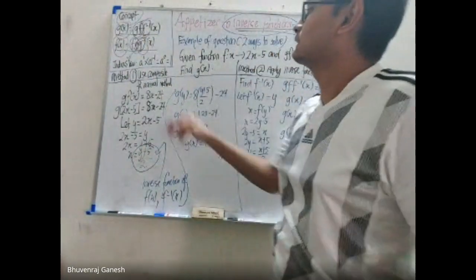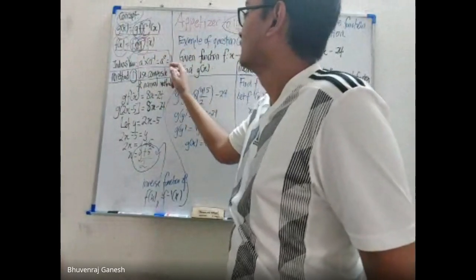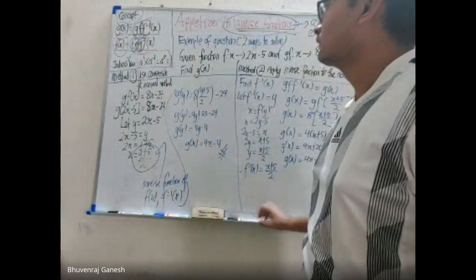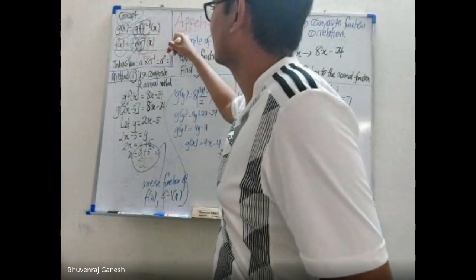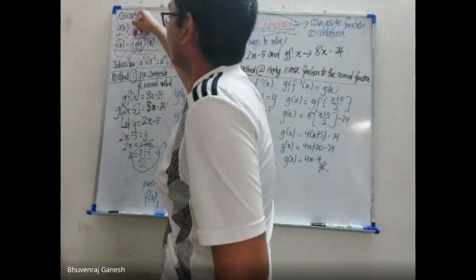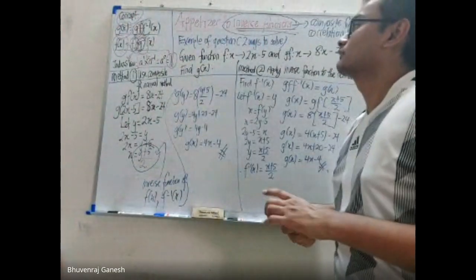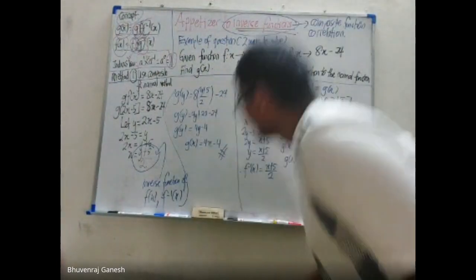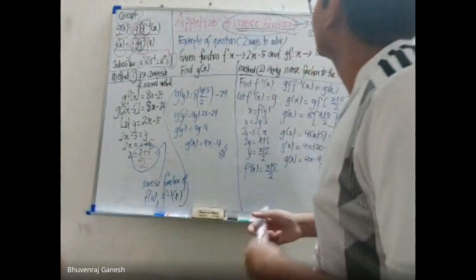And why I can do this is because of the indices law we have learned: a power 1 times a power negative 1, you will get a power 0, because 1 plus negative 1 gives 0, which is 1. So you will get back the original function, which is g or f, to get g(x) and f(x) respectively. Okay, so this is just the start of inverse functions.